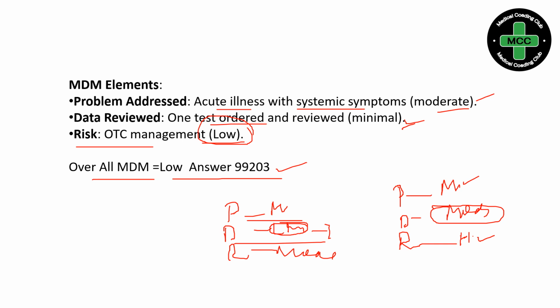Somewhere, if they have documented that the patient's condition is life threatening, then you don't have to check the other MDM elements, because the provider is saying the patient's condition is life threatening, so we have to go by high risk. That is a different concept, but so far I'm just trying to explain how to take the average level. So when all three elements are different, take the middle one, the average E/M level, and you will be getting the correct E/M code.